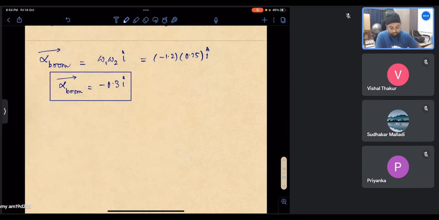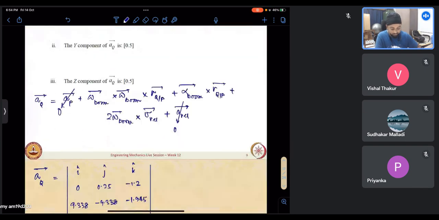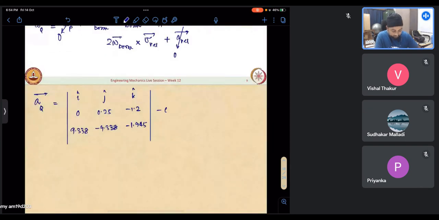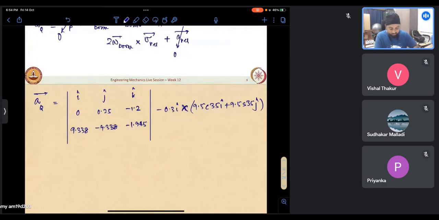So alpha, if we see, is minus 0.3 I. This minus 0.3 I crossed with 9.5 cos 35 I plus 9.5 sin 35 J. And then we have 2 omega cross VREL, plus 2 times I J K, 0, omega, 2 omega cross VREL.